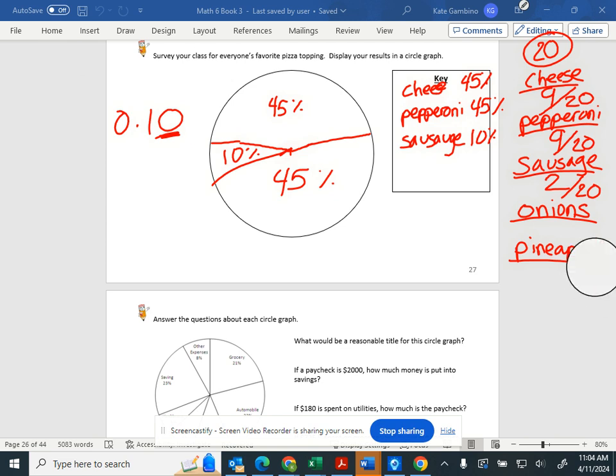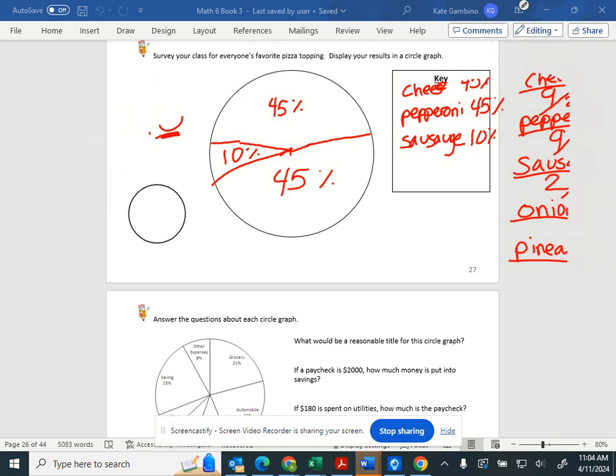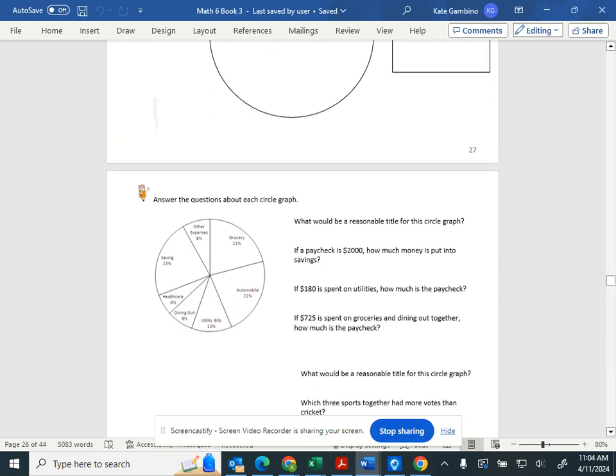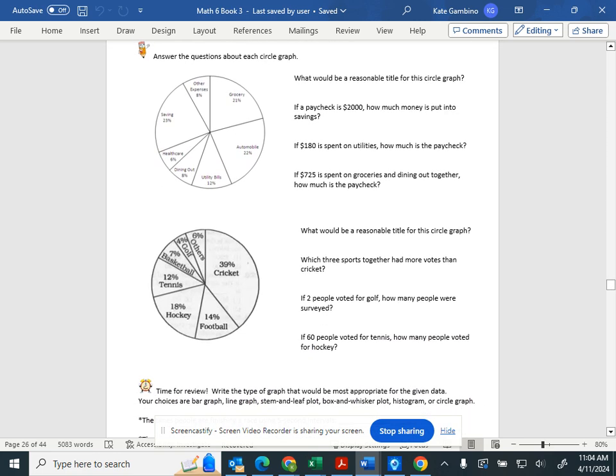So let's look at our second page. We have questions about our circle graphs that were given. These questions on top go with this circle graph. These questions on the bottom go with this circle graph.